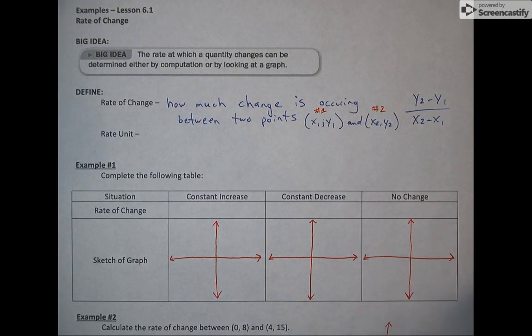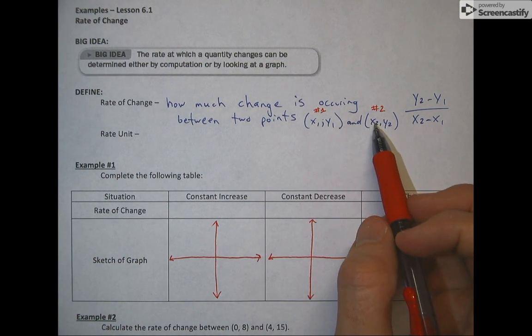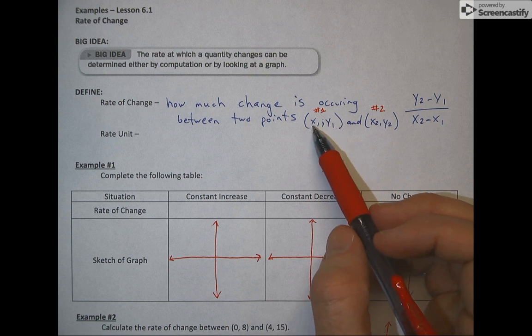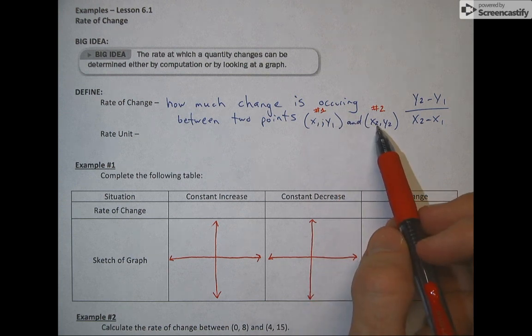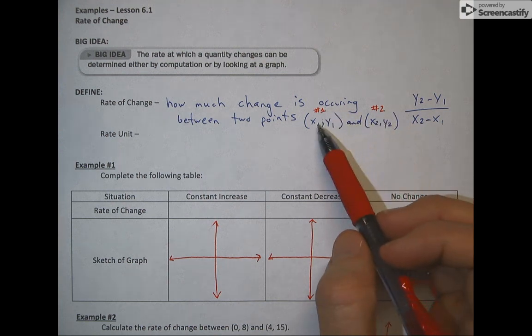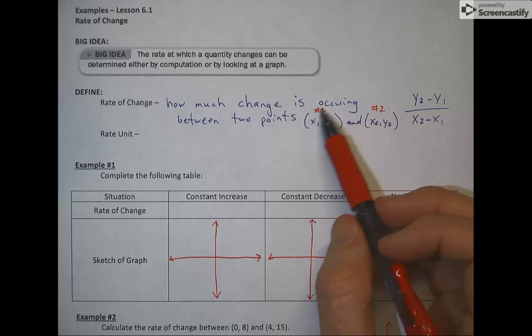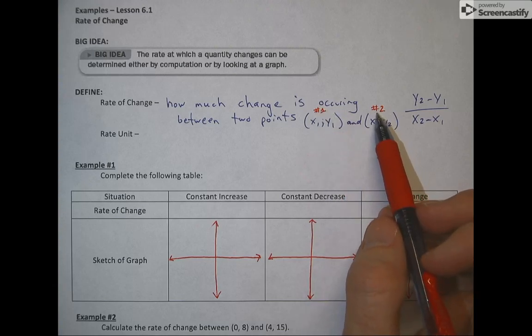We just need to differentiate between the two so we know which one we're talking about, because this one's going to have an x value and so is this one. So we can't just call it x because then you don't know which one's which. Okay, so this is x1 and this is x2. Again, just referring to the fact it's coming from point 1, it's coming from point 2. The value is not actually 1 and 2. And then same thing with the y values. So we have a y1 from point 1 and we have a y2 from point 2.